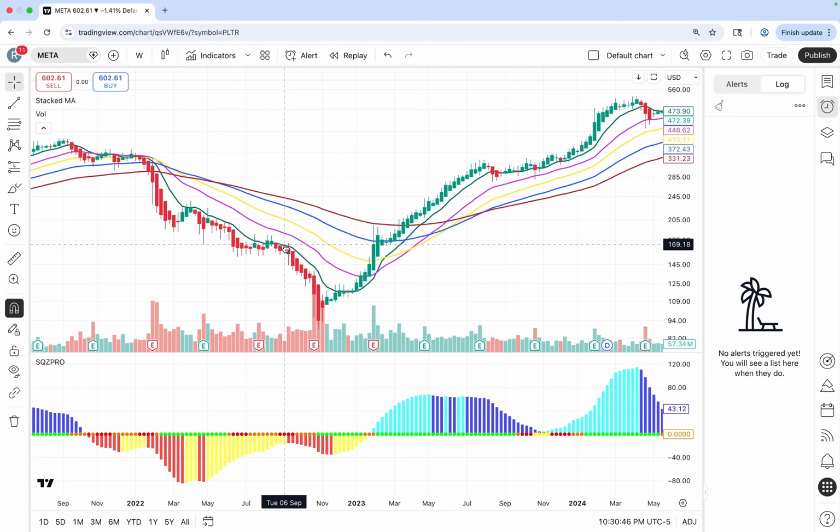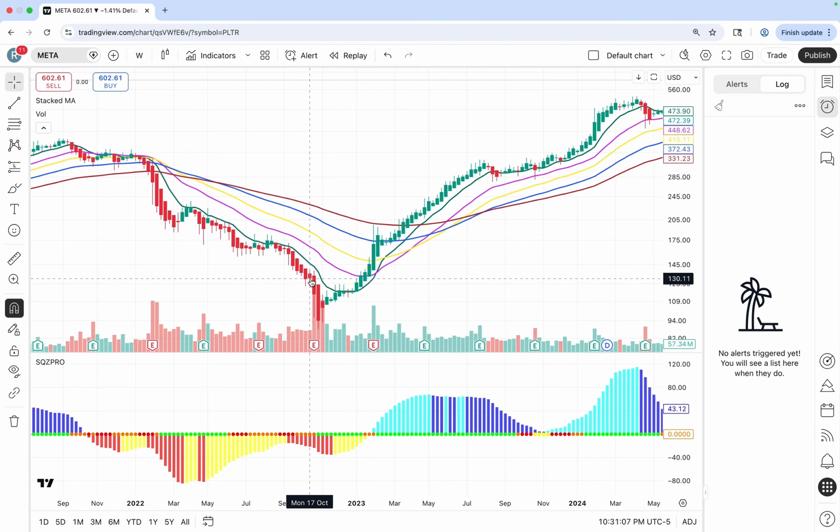So instead of the 8-period moving average followed by the 21, followed by 34, followed by 55, followed by 89, you want to see 89 followed by 55, followed by 34, followed by 21, followed by 8, like you see here with Meta.